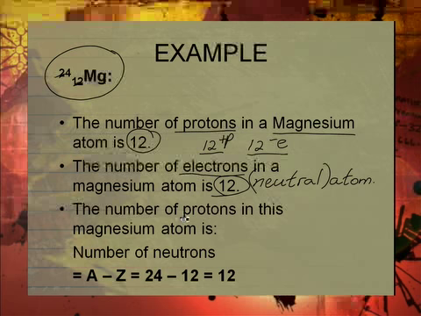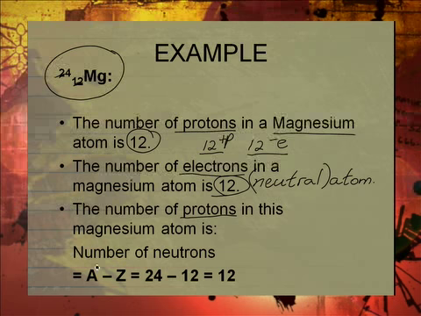The number of neutrons in this magnesium atom can be found in this way. Remember that the mass number A is given by the number of protons plus the number of neutrons.